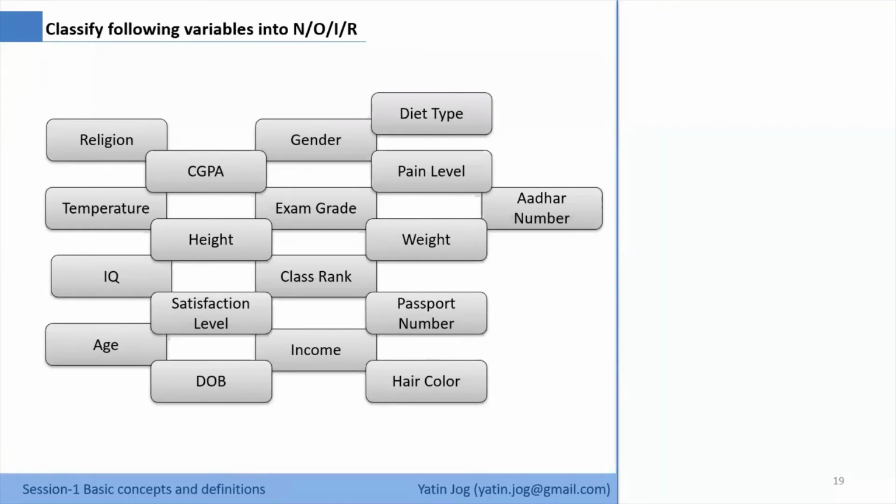Very good. Age. Age is... Sir, interval again, I think. No, ordinal. Age is nominal. Age is ratio, sir. Age is ratio.